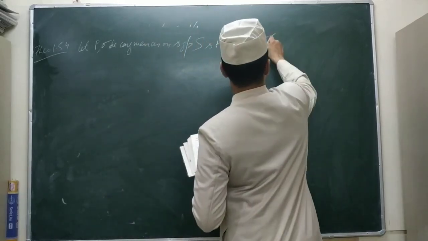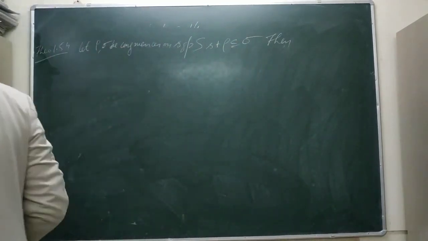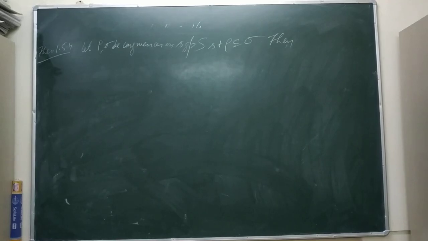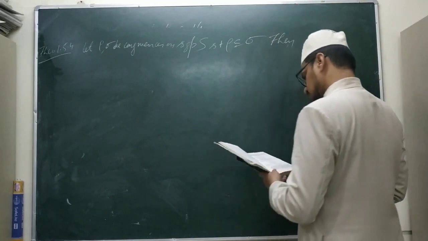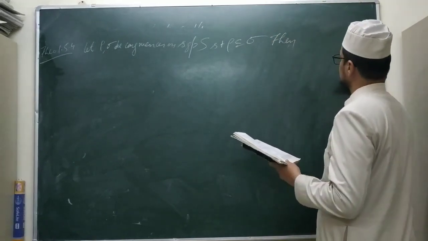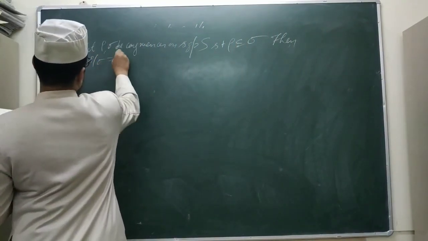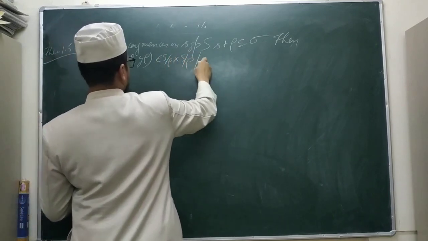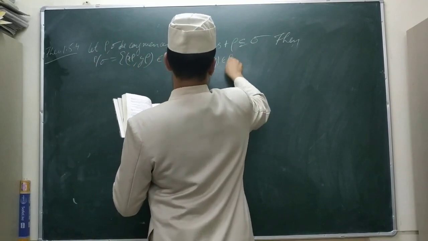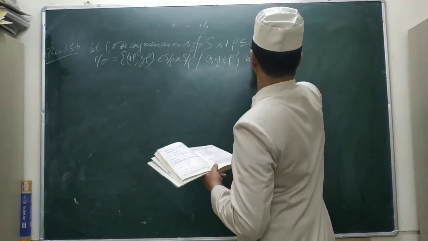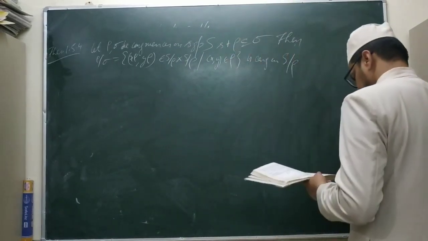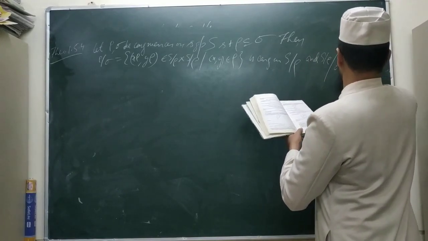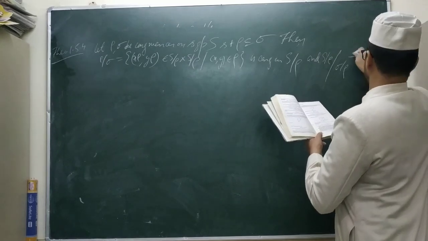Then rho by sigma is equal to x rho comma y rho belonging to S by rho cross S by rho such that x comma y belonging to sigma is a congruence on S by rho, and S by rho by sigma by rho is isomorphic to S by sigma.